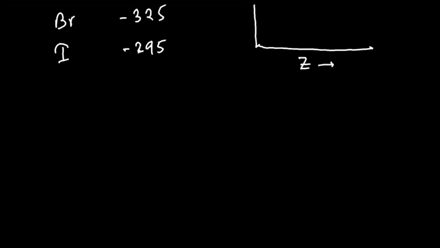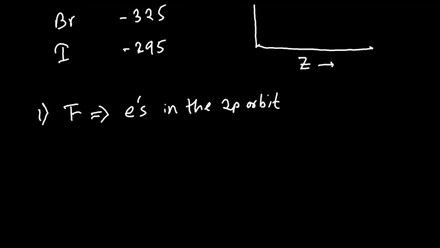So the reason is, while we are adding electron in fluorine, the electrons will be added in the 2p orbitals. Okay, 2p orbitals. And as we know that 2p subshells already contain electrons, so there will be electron-electron repulsion.